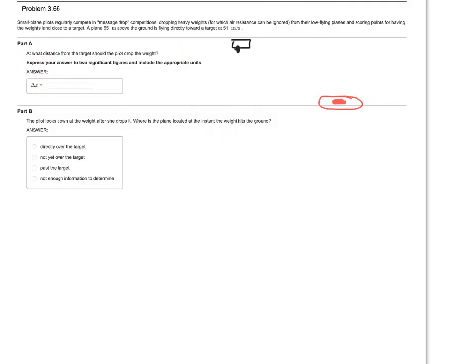Alright, for this next one we have a small plane that is flying at a distance above the ground and is trying to drop a package and have it land on top of a target. So we know that this plane is starting at a height here of 65 meters above the ground, and the plane is flying at 51 meters per second. And we are going to assume that it's flying at a level height and flying at a constant speed.